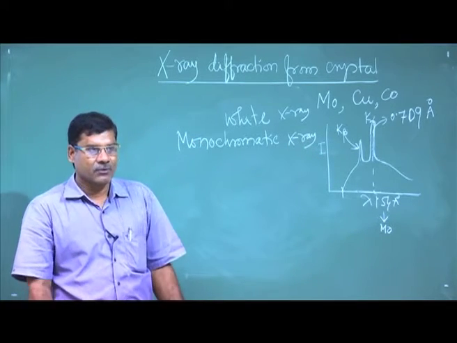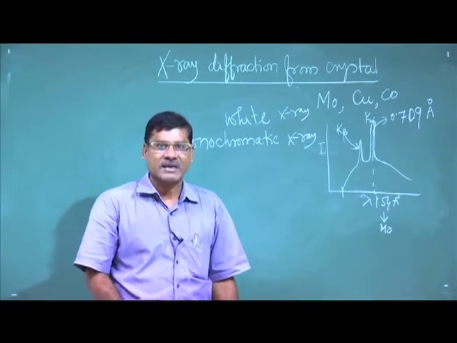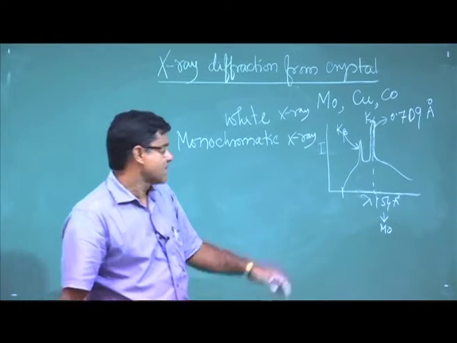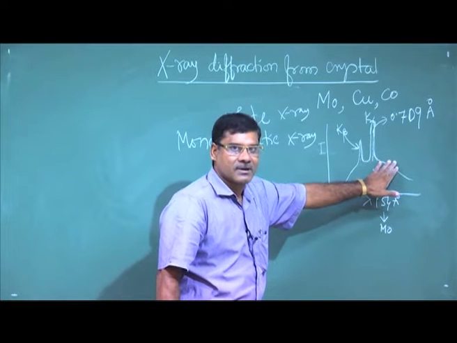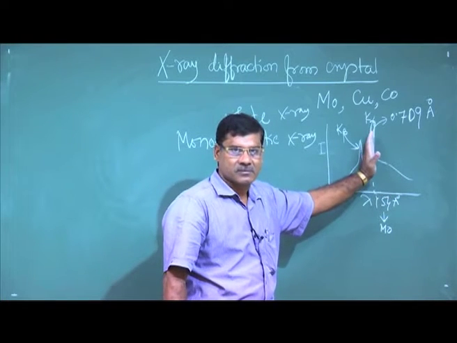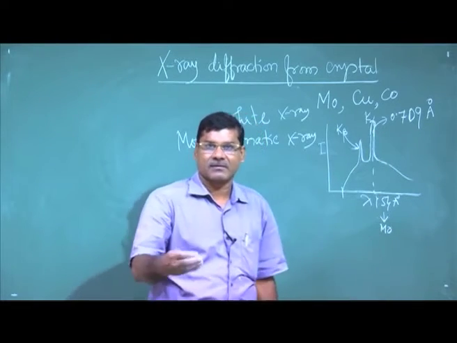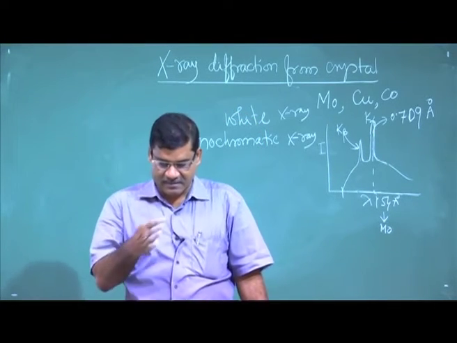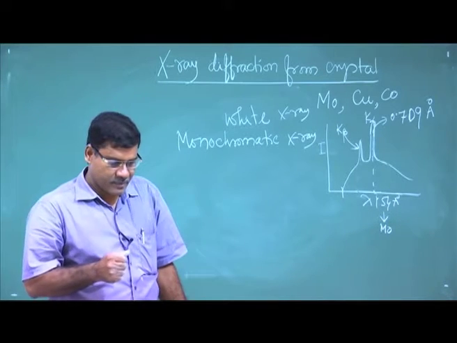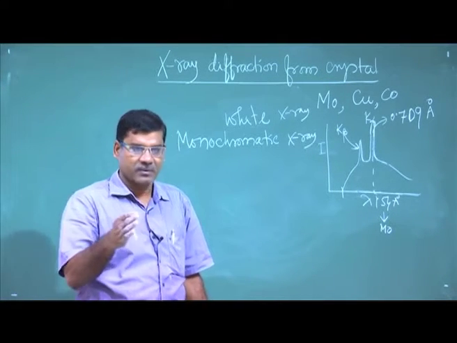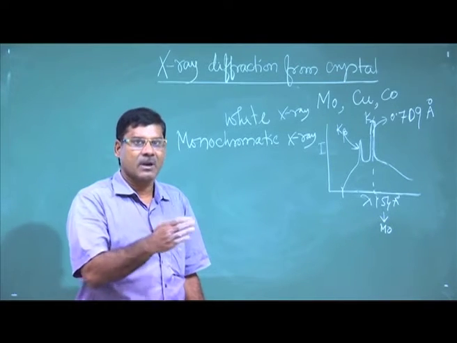Sometimes we use what is called a filter. It basically absorbs all wavelengths except one wavelength. It just passes one wavelength, absorbing all other wavelengths.